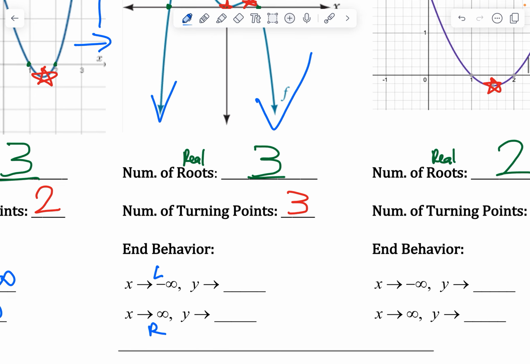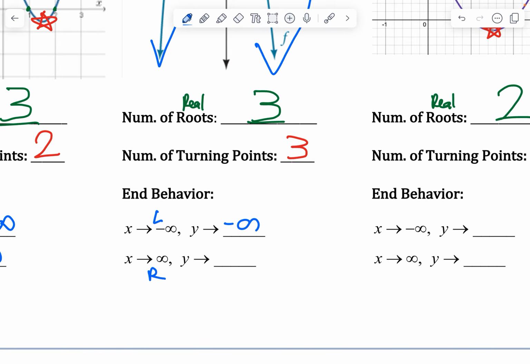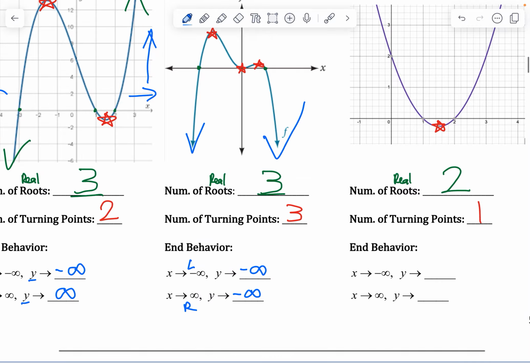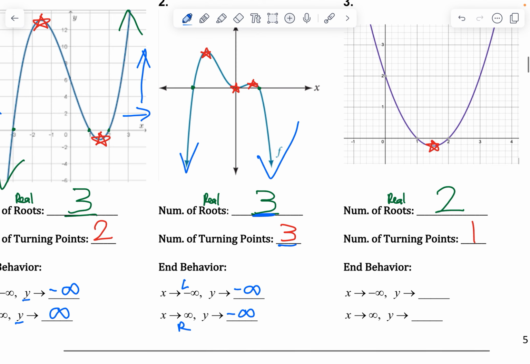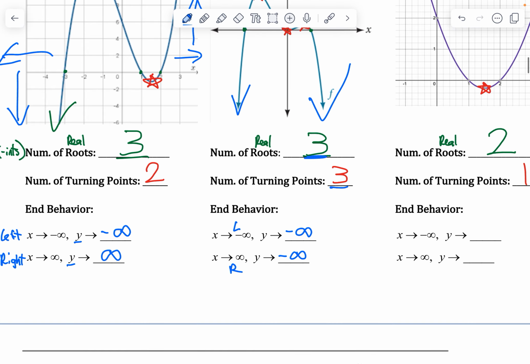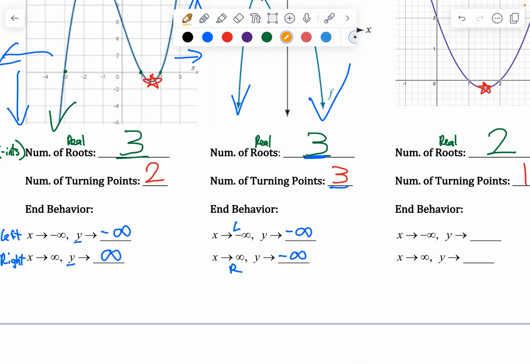Regardless of whether I'm going left or right, they both go down towards negative infinity. And guess what? I know I said the number of real roots is 3, but with the number of turning points and this end behavior going on here, I can see that this is a quartic polynomial. We identified that this one's cubic based on the shape and some other information. This one is actually going to be a quartic.